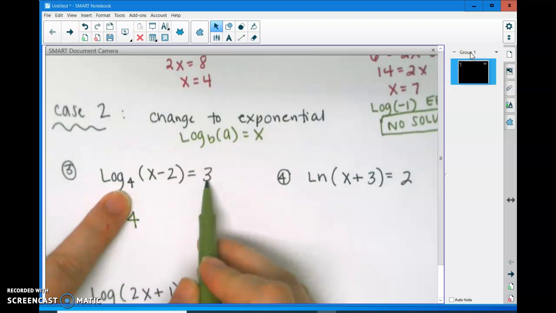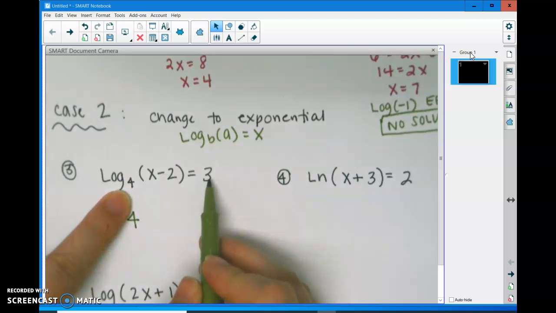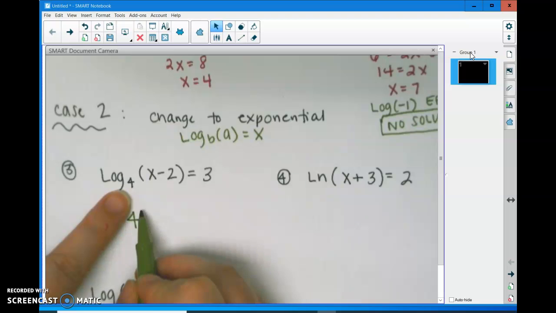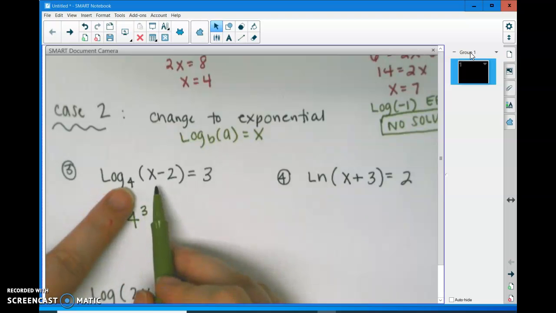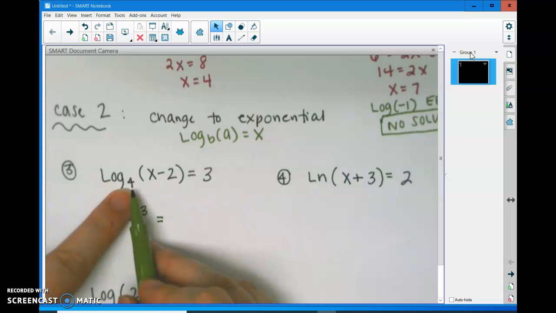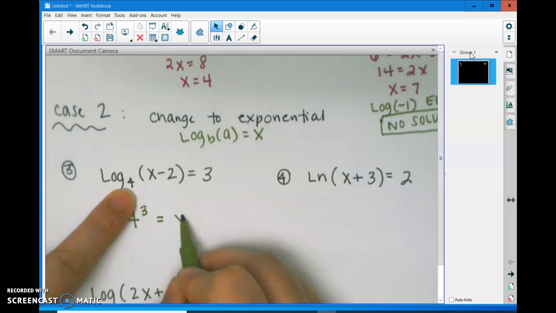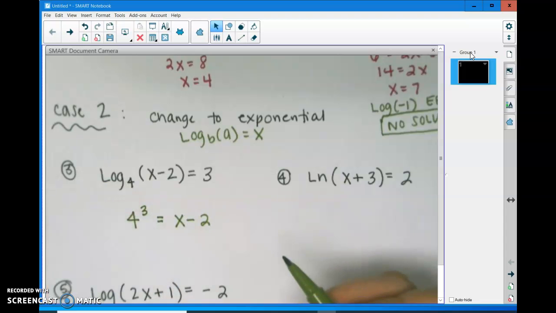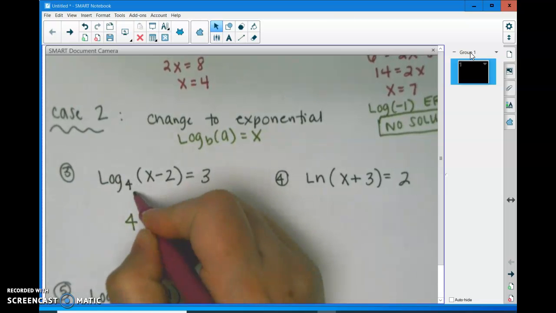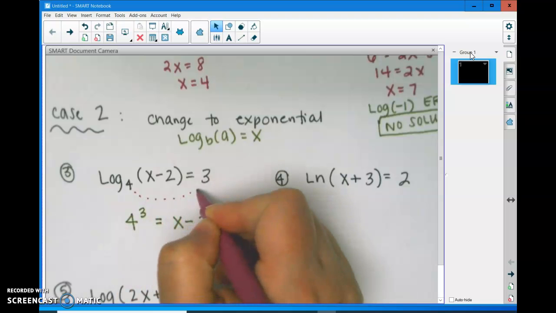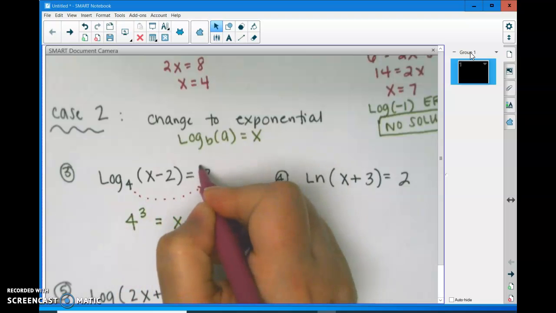The exponent was what's on the other side of the log. And then remember, the whole purpose that we're doing this is because I want to separate the 4 and the x minus 2. So the x minus 2 goes on this side. So one little trick that might help you when you're doing it as a log is it kind of just goes around in a little circle.